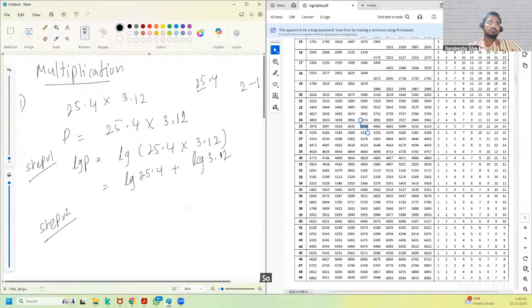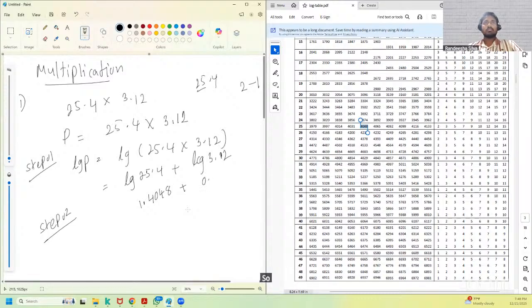So for this it's 40, 48, and we take the characteristic and plus mantissa. So I'm directly writing it as 1 point. So 1.4048 is the logarithm of this, plus the logarithm of this. For this, the characteristic is 0. No need to think. It will be directly 0 point.